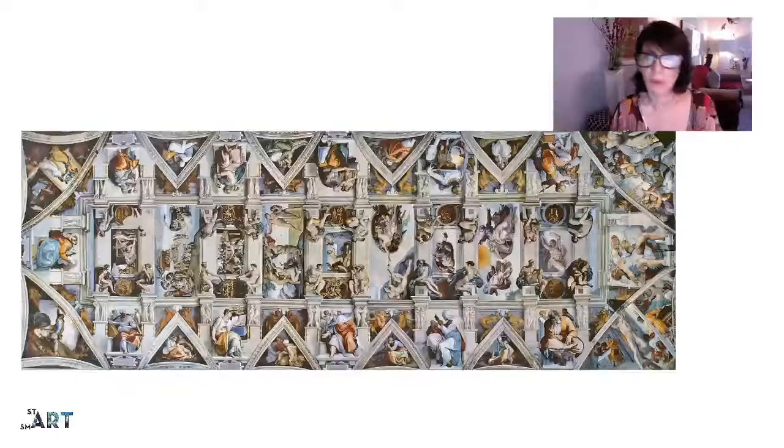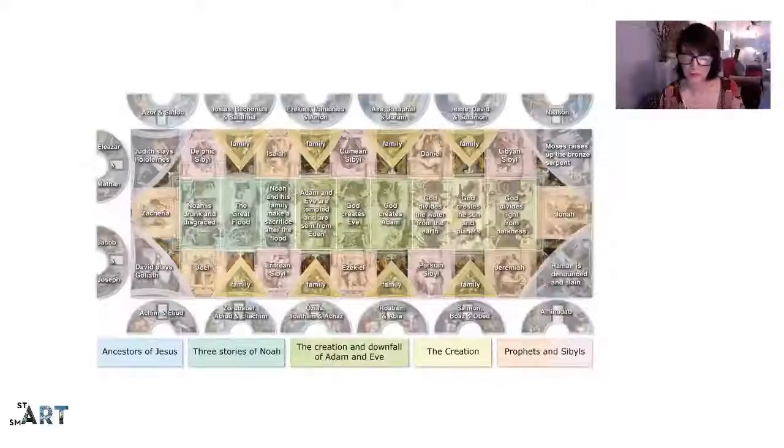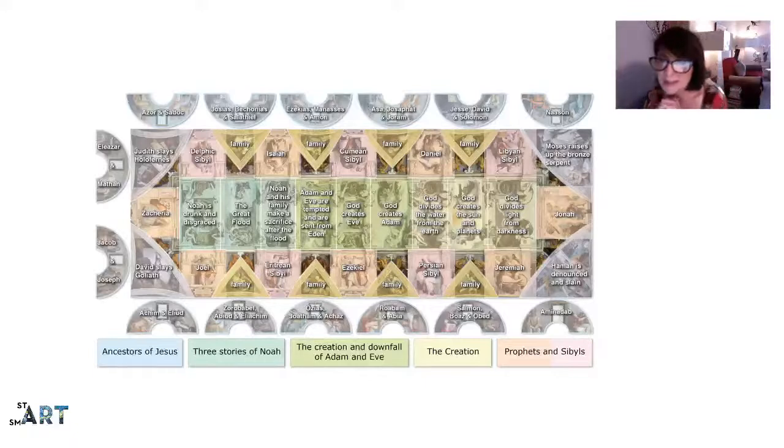What I like about this is that we get to see exactly the way Michelangelo laid this out. It's a map to what it is, and I'm going to read a little bit about the way it's been mapped out.